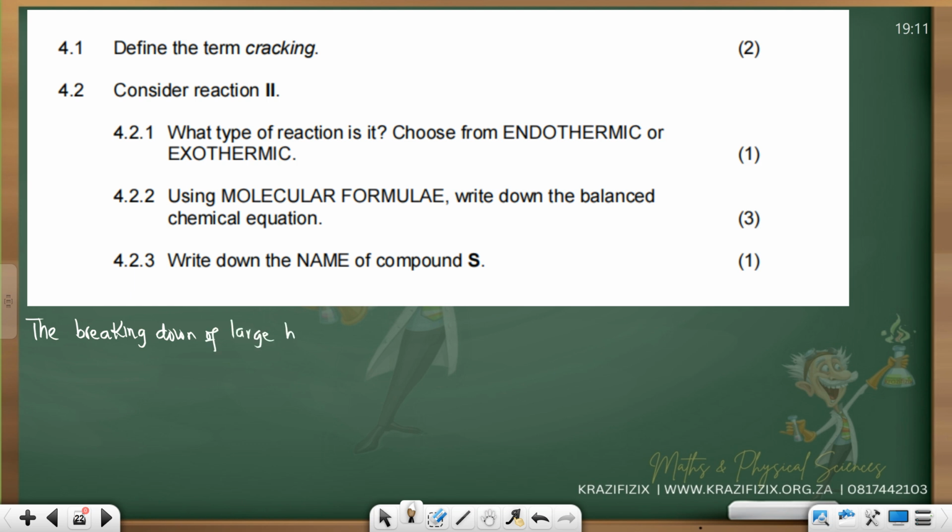Large hydrocarbon, large molecule hydrocarbon into, talk to me, I want to hear you. There's something you didn't mention. Into what? Smaller. There's a word I'm looking for here.